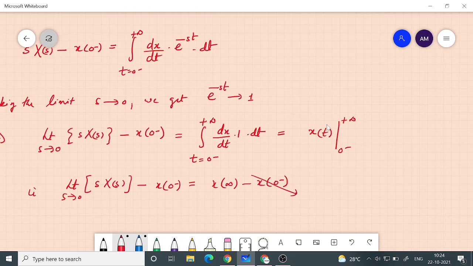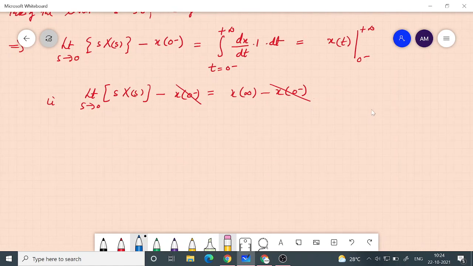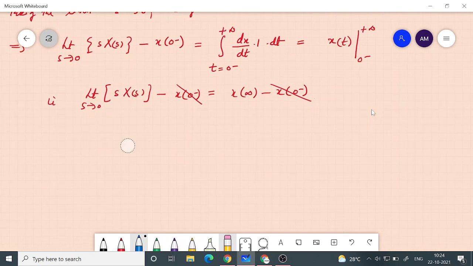So you see that these two terms cancel. They are not 0, they cancel, since we have that term on both sides. So that's it. We have arrived at the result we wanted to prove: x of infinity, the final value, is the limit s tends to 0 of s x of s.